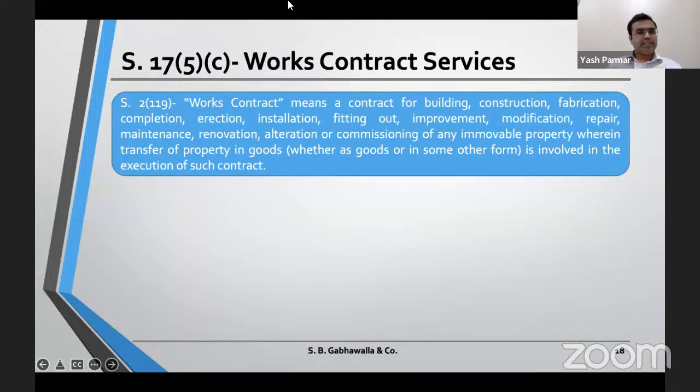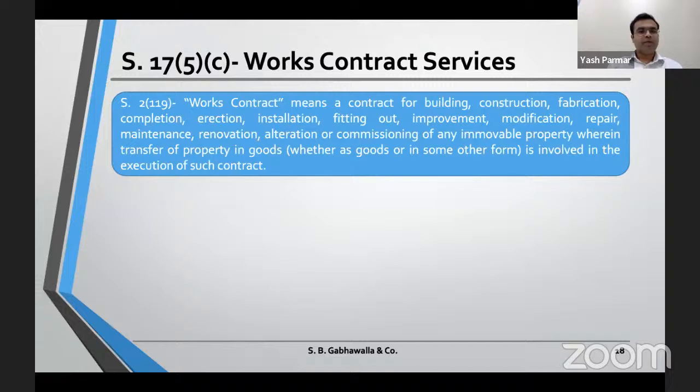It reads as: works contract means a contract for building, construction, fabrication, completion, erection, installation, fitting out, improvement, modification, repair, maintenance, renovation, alteration or commissioning of any immovable property wherein transfer of property in goods is involved in the execution of such contract. So there are two important things to note in the definition of works contract.